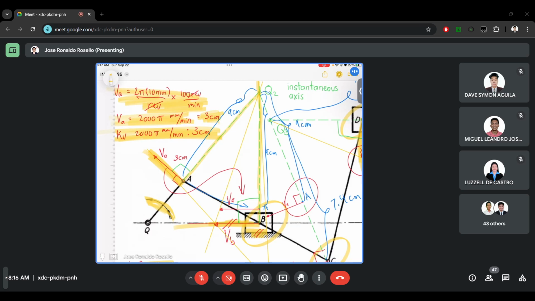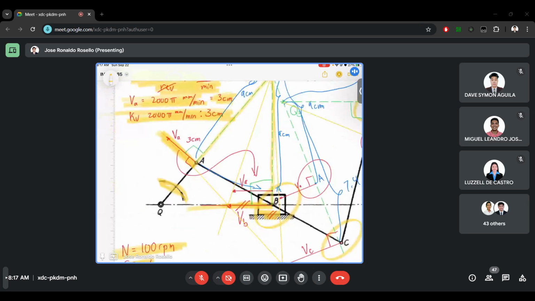But since we don't have a compass, here at my drawing board, I'll use the ruler method. So I measured the length of Q2 and A. It is at 9 centimeter. So I just copied this 9 centimeter to the line of Q2B. And once I copied this 9 centimeter, it will now be point A also.